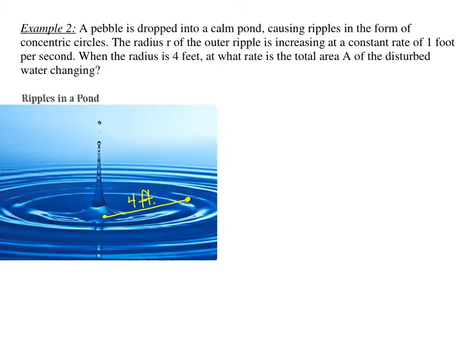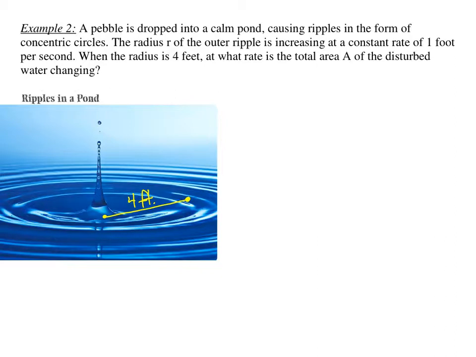They all have the same center where the pebble hit the water. And these circles are going out, okay? And if you think that's a silly example, make it an earthquake. We have the epicenter of an earthquake, and we have these waves of energy rippling out from the center, okay? If you want peace or chaos, take your pick. Either way, it's the same math, all right?